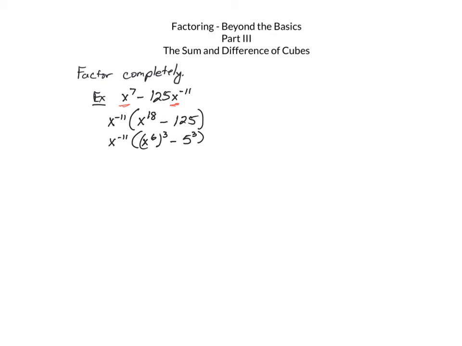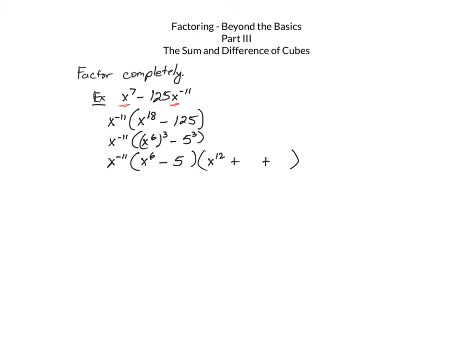So let's continue. We bring down the x to the negative 11th. We have a binomial and a trinomial. I'll just fill in the signs. Same sign, opposite sign, always positive. And our binomial, are you getting more comfortable with that pattern? We'll just remove the cubes and we're left with x to the 6th minus 5 for our binomial. And then for our trinomial, we have x to the 6th squared.